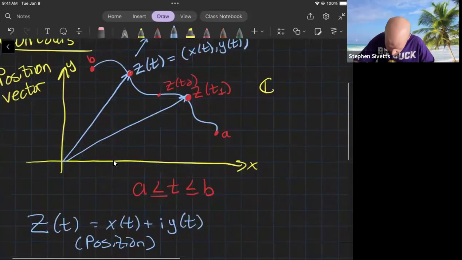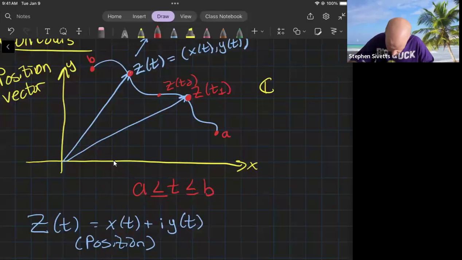This would be a vector that looks at the rate of change in vectors Z of t and, let's say, Z of t plus h.